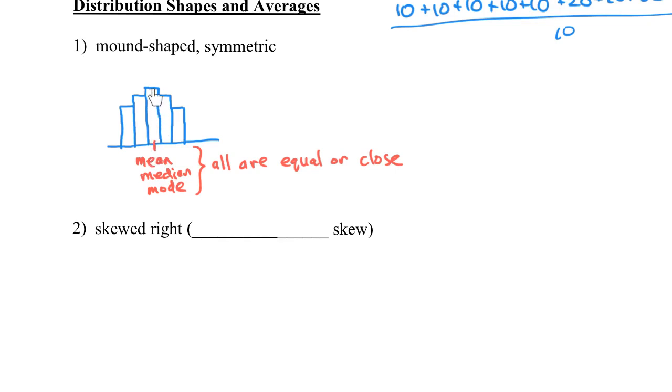The area on this half is the same as this half. And the mean is the balance point. If you were to cut out a shape just like this and try to balance it on your finger, the mean is the balance point. For this one that's perfectly symmetrical, of course the balance point is right there in the middle. So it's just another way to think geometrically of these shapes.